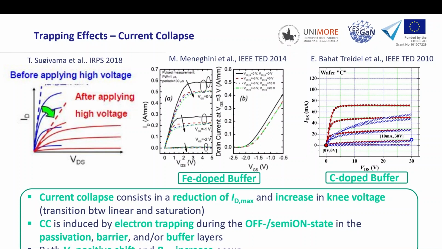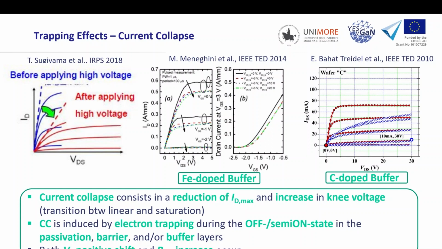And after some switching, you can see that your R-on is increasing, and also your knee voltage is increasing, so your device is not behaving that well. At this point, you wonder what is happening, and then you go through all the concepts that we already saw. You can see that this has been called the current collapse effect.